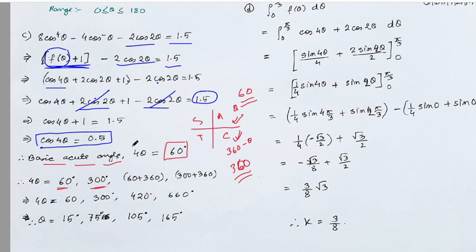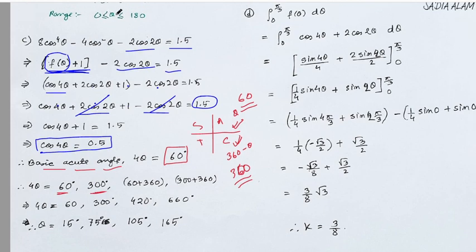But the thing is, we had 0 to 180 as our range. This range is for theta, but the basic acute angle is actually 4 theta. So you need to multiply each and every single value by 4. So 0 times 4 is 0, and 180 times 4 will give you 720. So this is your new range, between 0 and 720, and you need to select each and every single value.